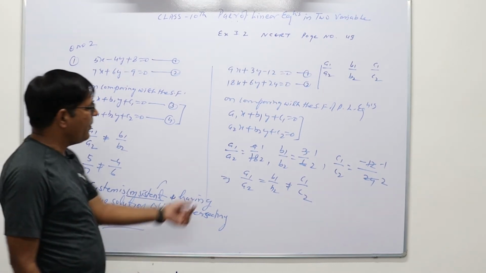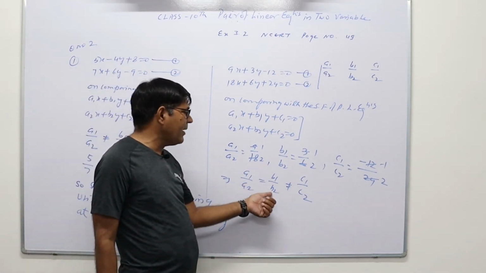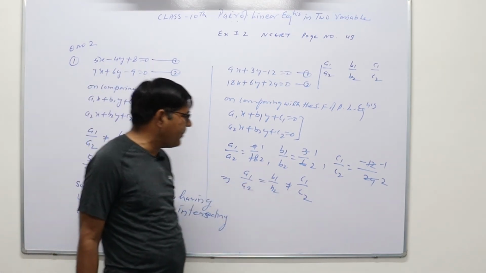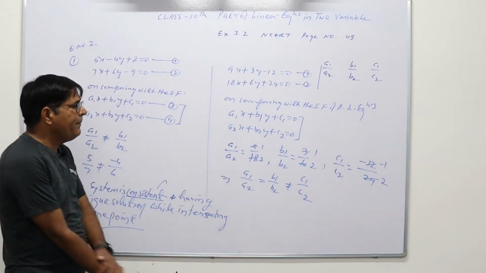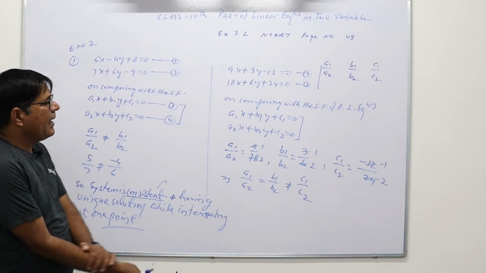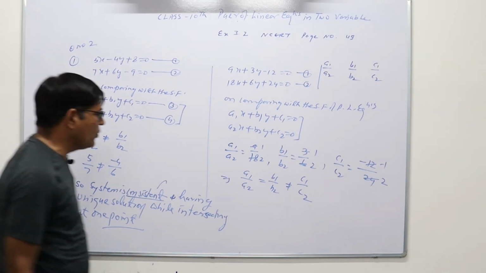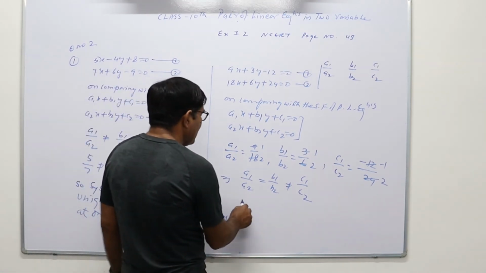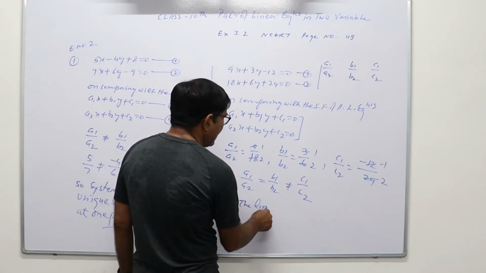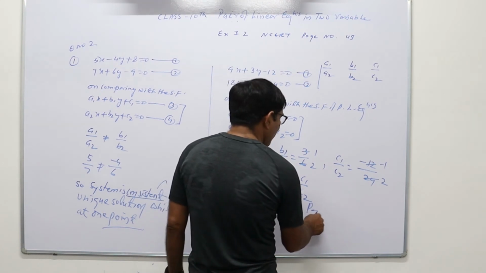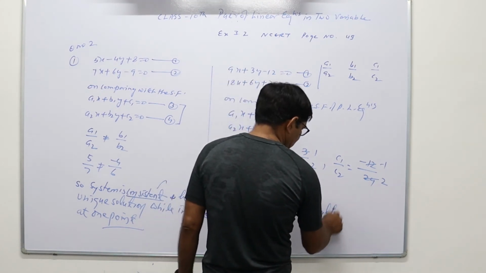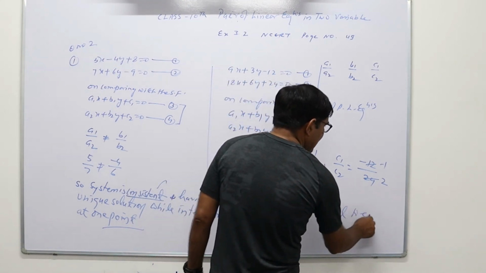Now if a1 upon a2 is equals to b1 upon b2 not equals to c1 upon c2, in this case the lines will be parallel to each other.